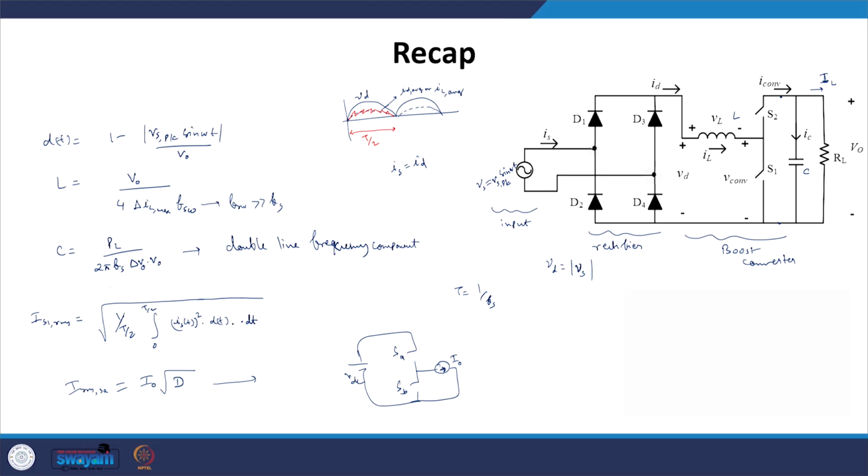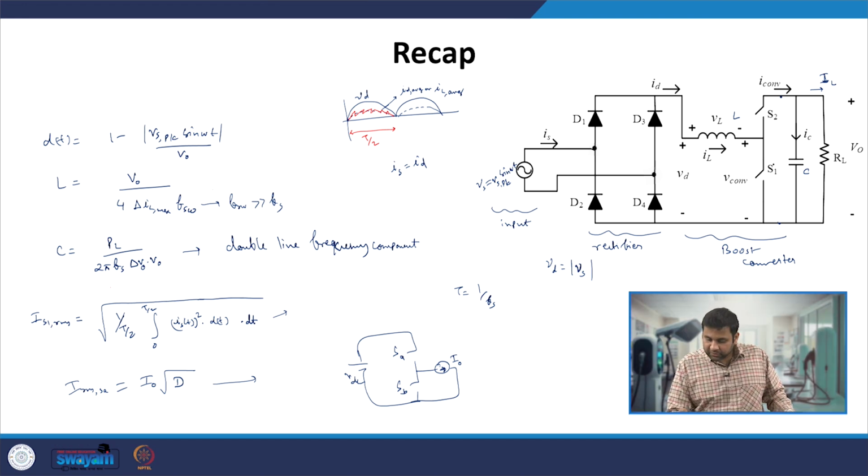In every switching period the duty is changing, so the RMS current flowing through the switch will vary. We have calculated that for each cycle, and we are taking the mean over the entire half line cycle, so it is Is square times dt, integrated from 0 to T by 2. That will give you the RMS current of the switch S1.